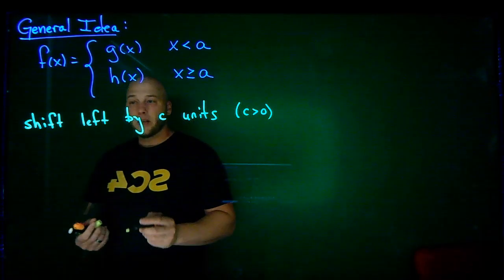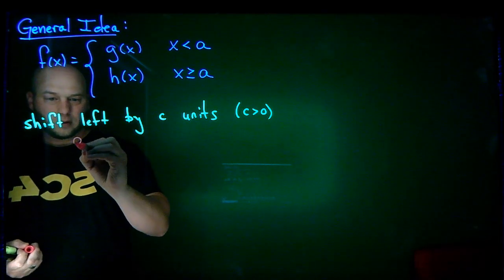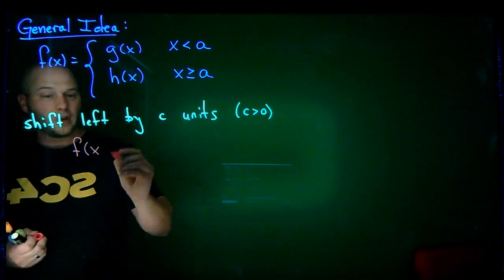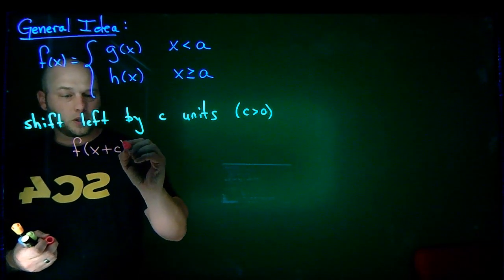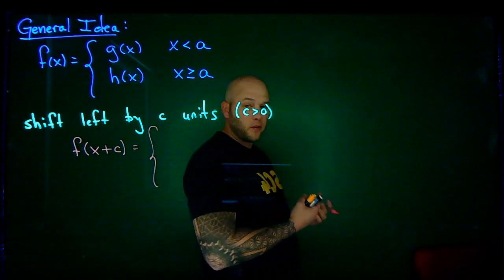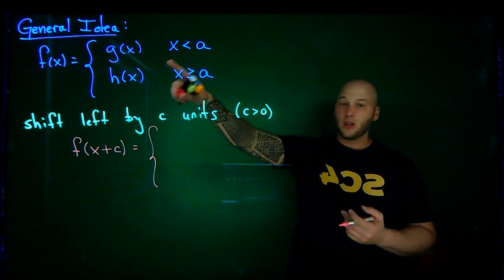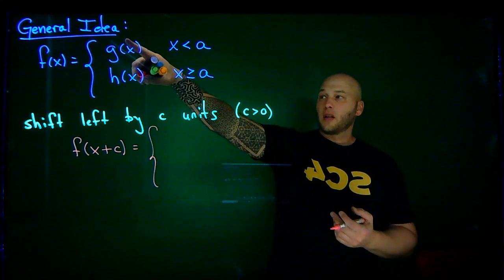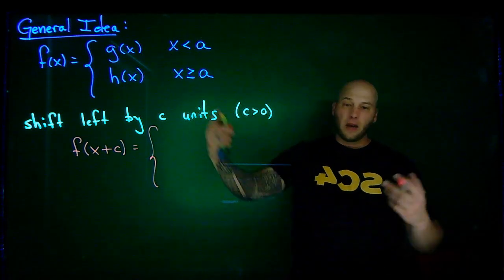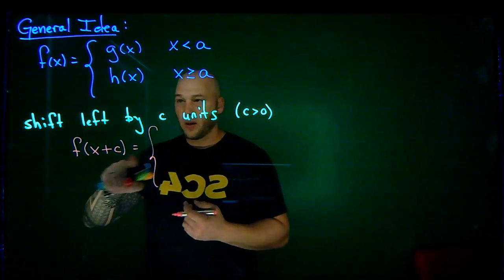The function expression is going to be f of x plus c. Remember in the previous example, shift to the left was plus c. Now, the way this works, just like the previous example, is every single occurrence of x within the piecewise expression, whether it is in the function expressions themselves or in the inequality domain restriction information, gets replaced. Every occurrence of x gets replaced with x plus c.